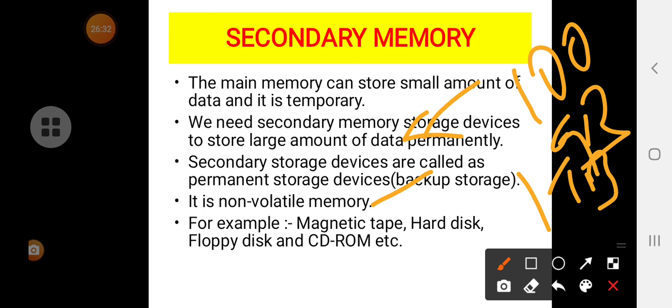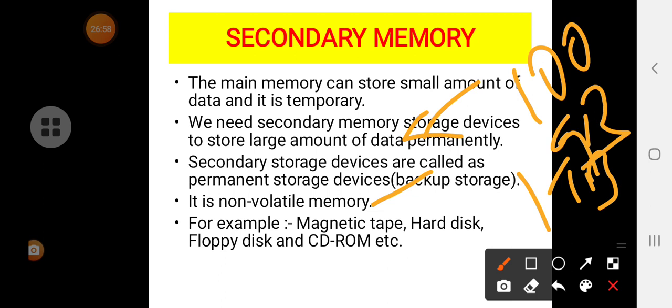Okay, so these were the secondary storage examples. Secondary storage can store the data permanently, that is, it is non-volatile, and the data can be stored to a vast extent, that is, for a larger amount of GBs. Okay, so these devices are called backup storage.